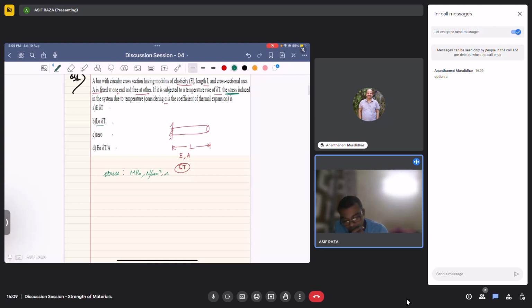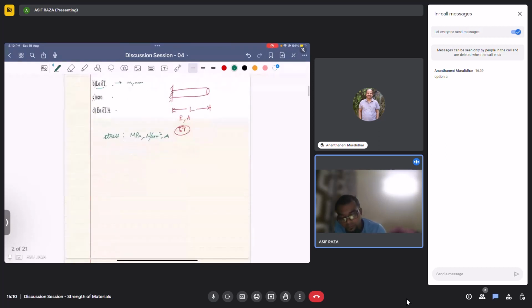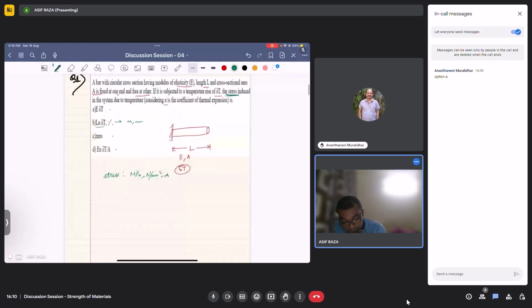L alpha delta T: L has a unit of length, and alpha delta T is dimensionless, so its dimension would come out to be a meter or millimeter. So dimensionally, we can say this would be a wrong option.